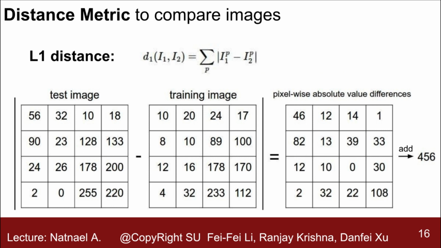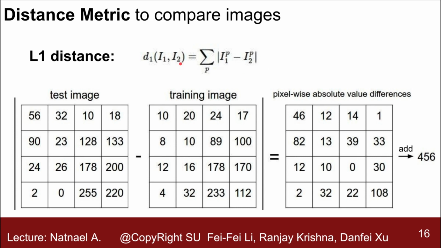So what are the metrics we could use for nearest neighbor? We could mention two types. For instance, L1 distance, usually the Manhattan distance, could be used. Here, the sum of the absolute value of the difference between two pixels, for each pixel in the test image and training image, is taken to calculate the distance between two images.